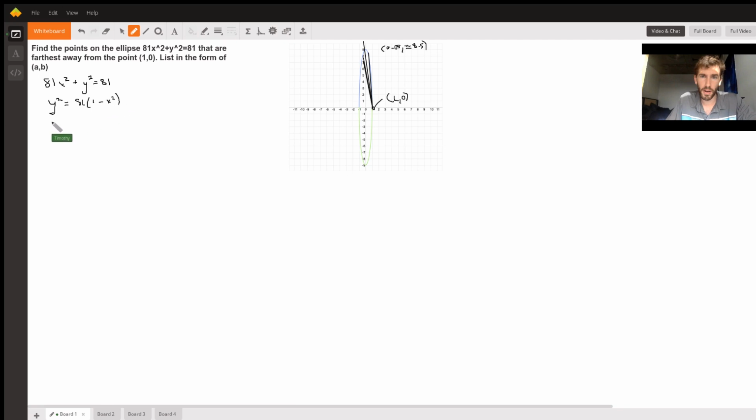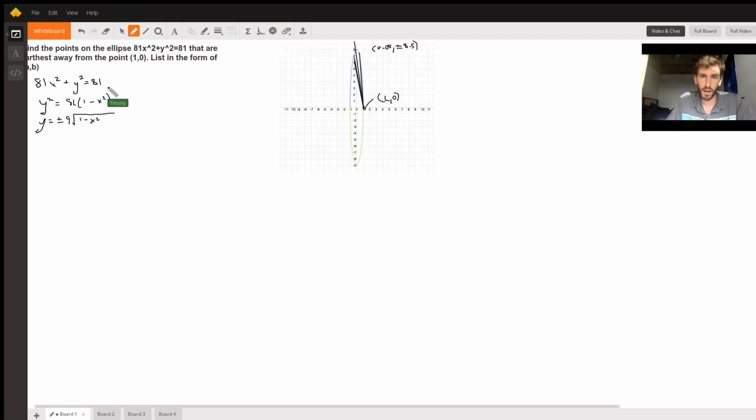So then y is going to be equal to plus or minus 9, and in this case we'll just keep the positive 9 times root 1 minus x squared, because we just took the whole square root of this.